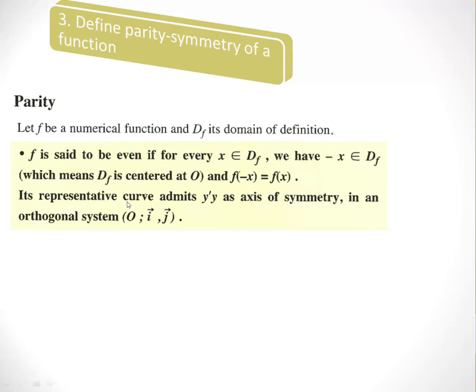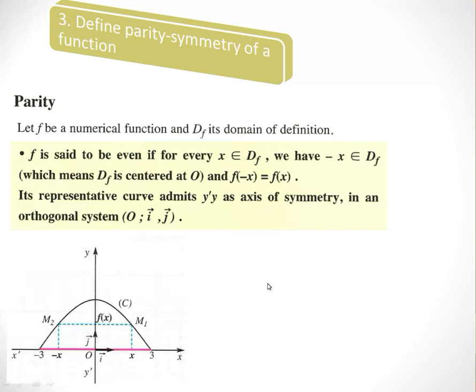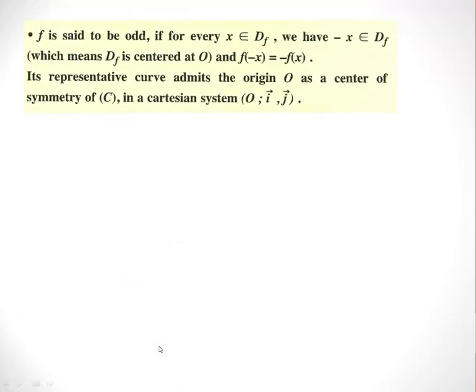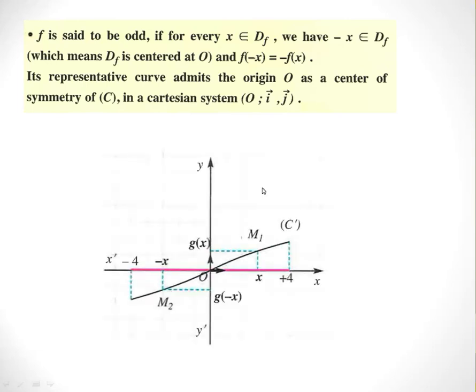So even: f of minus x equals f of x, and the y-axis is the axis of symmetry of this function. And odd: f of minus x equals minus f of x, and in this case O is called the center of symmetry of this curve.